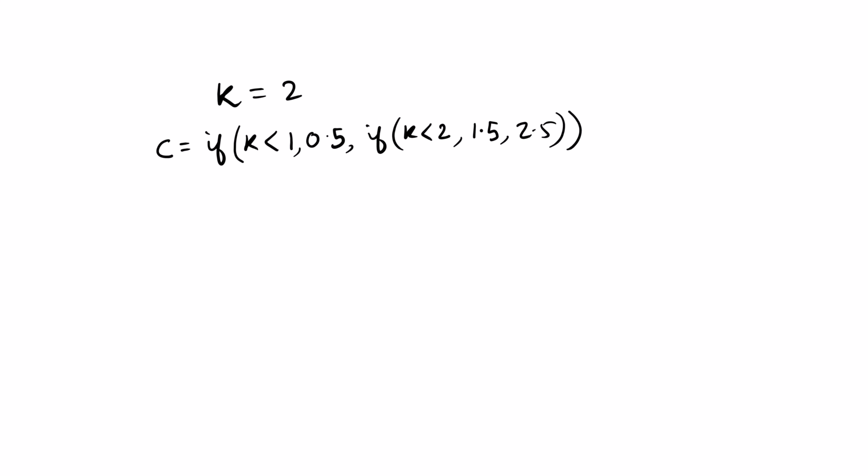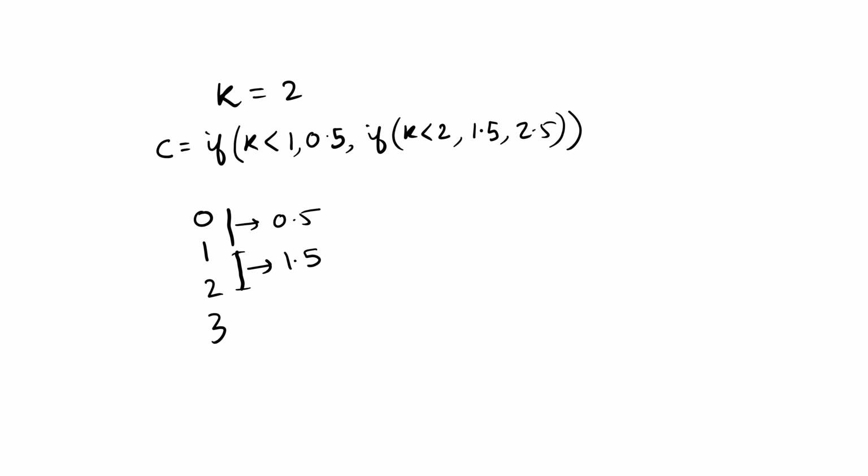So what is happening is that if the value of k is less than 1, so let me just write from 0 to 1, 0, 1, 2, 3. So if the value lies between 0 and 1, then the value of c will be 0.5. Then if the value of k is less than 2, that means in this range, it will give an output of 1.5.